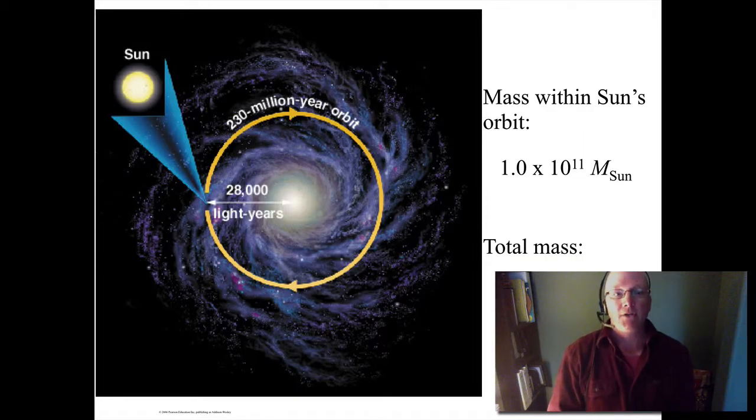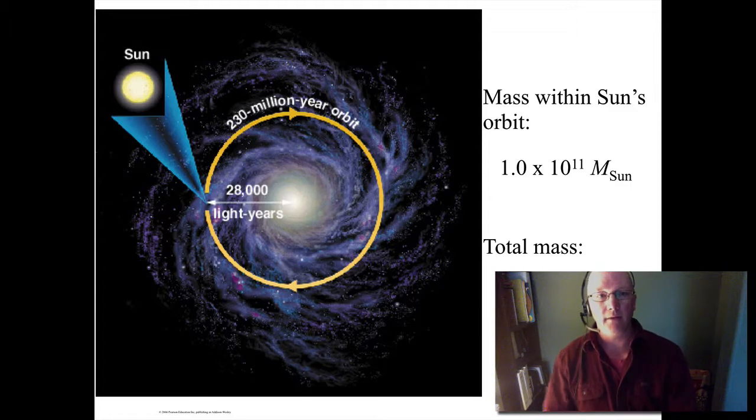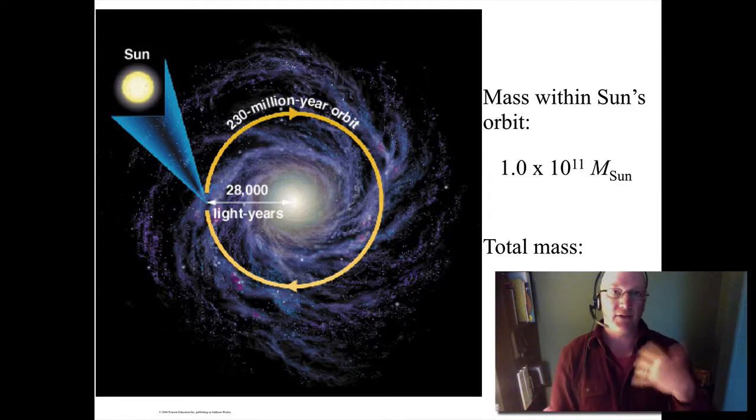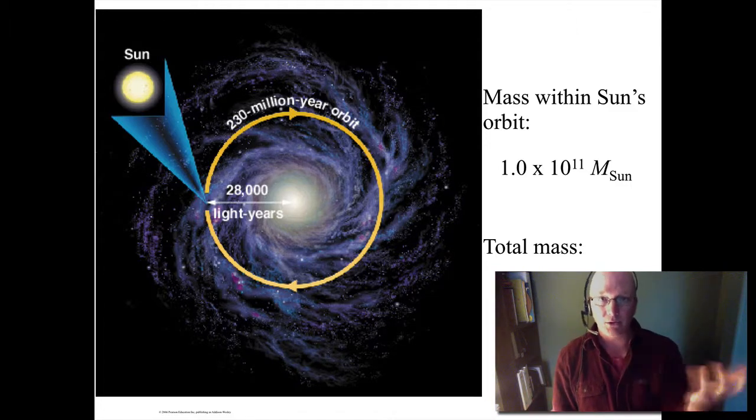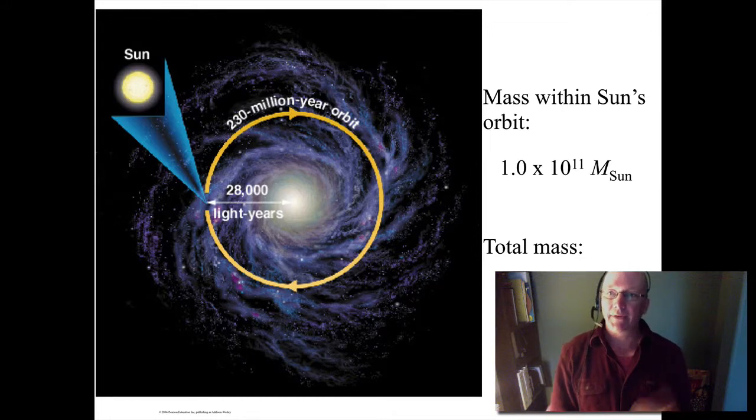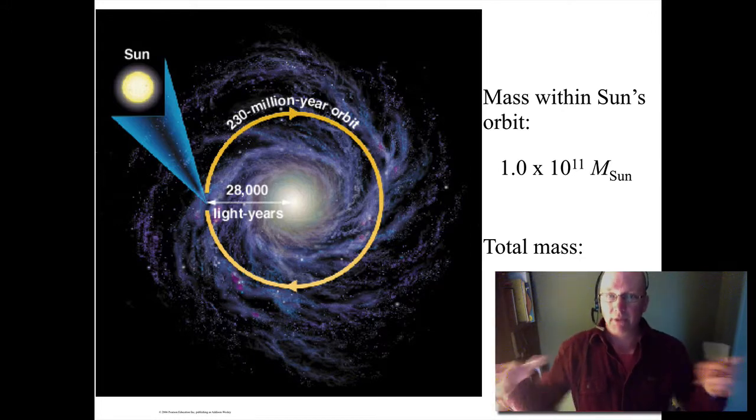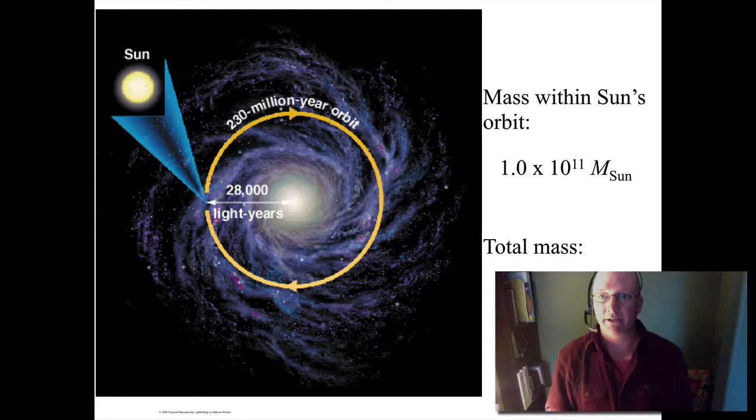Okay. So in our galaxy, we can measure the orbit of the sun. This is something that we can do from our own solar velocity, and we find out that the sun's orbit encapsulates a mass of the galaxy of about 10^11 solar masses.